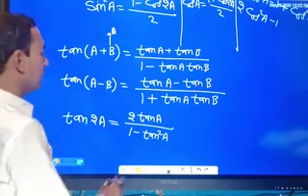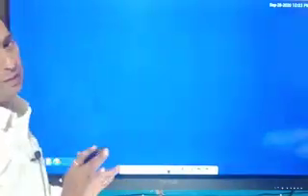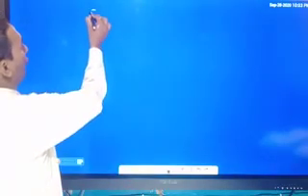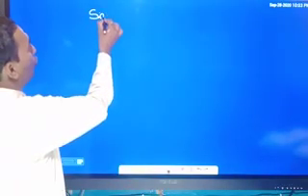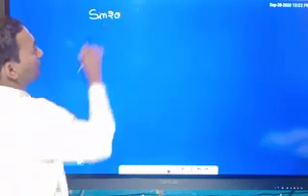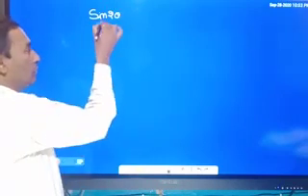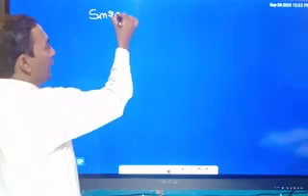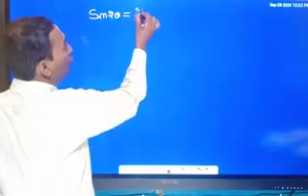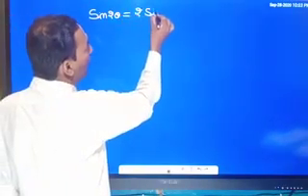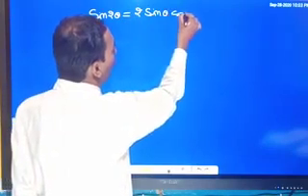Okay dear students. Now how do we use these formulas in any question? If we have to find the value of sin 2 theta anywhere, then we can use the formula for sin 2 theta, the half angle formula, that is 2 sin theta cos theta.